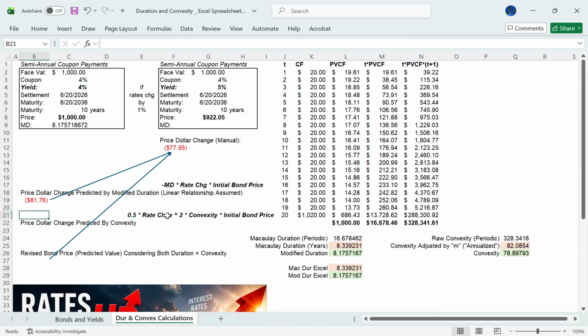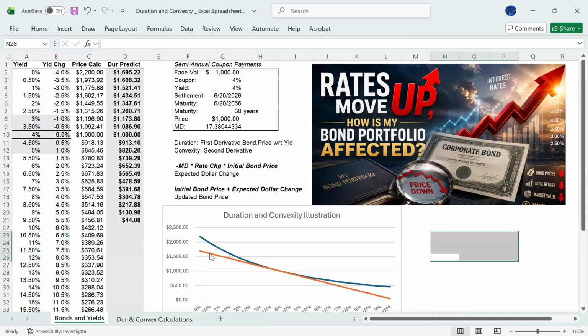That is the adjustment we have to make to account for convexity. Keep in mind that the rate change here is squared. So if rates move down or up, this is always going to be a positive number. This formula is always giving you a positive adjustment, and that is exactly what is going to take you from the orange line to the blue line.